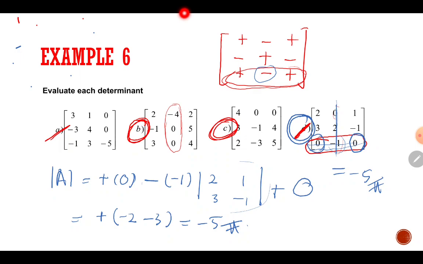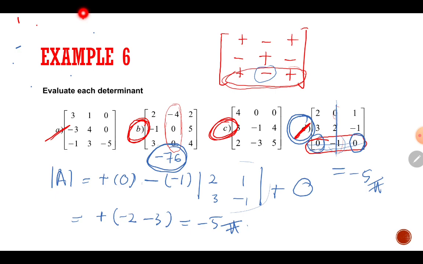Alright, so class, for B and C, I want you to determine on your own and submit this as your classwork submission. Saya bagi jawapan siap-siap. For B, you should get the answer is equals to negative 76. Ni jawapan untuk B, the determinant for B is negative 76.